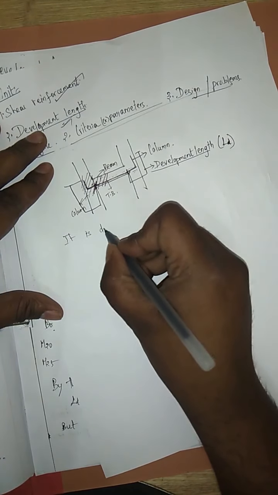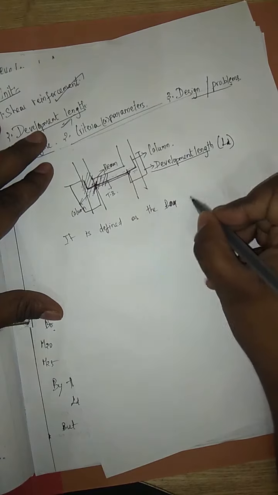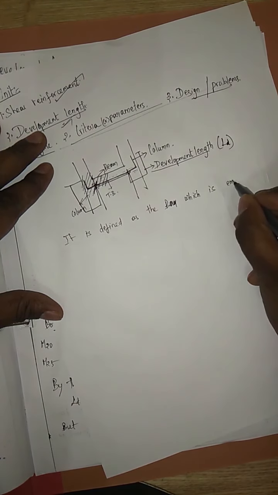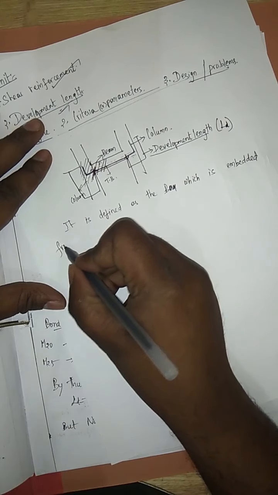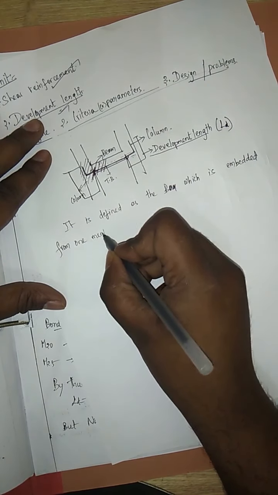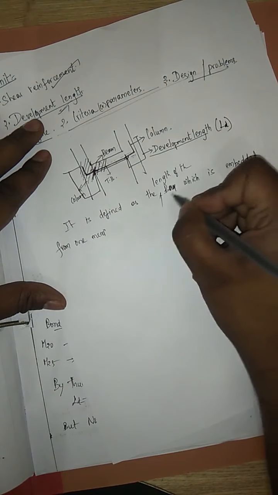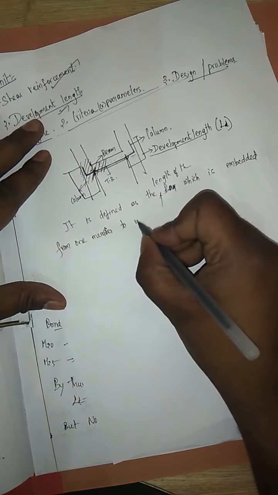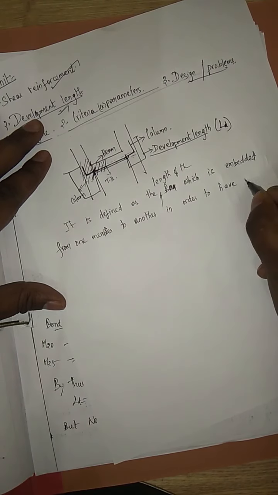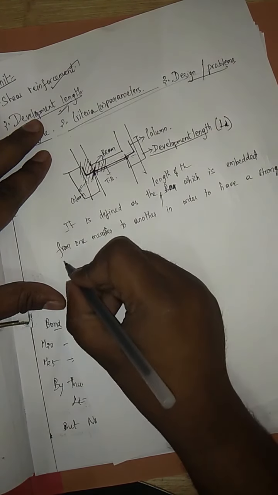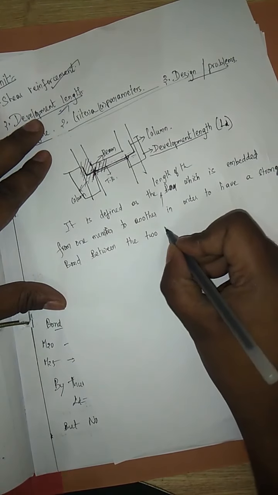It is defined as the length of the bar which is embedded from one member to another in order to have a strong bond between the two members.